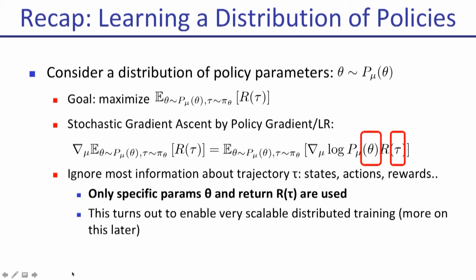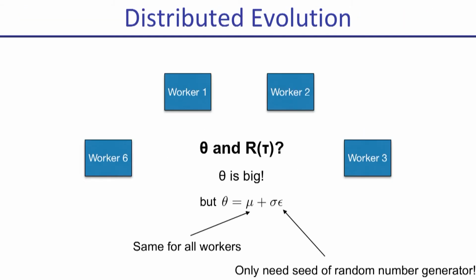That's synchronized, right? And then what I'm saying is transmitting theta has the same cost as transmitting the gradient. But we don't actually need to transmit theta at all. We can just transmit the seed of the random noise that was used to construct theta.